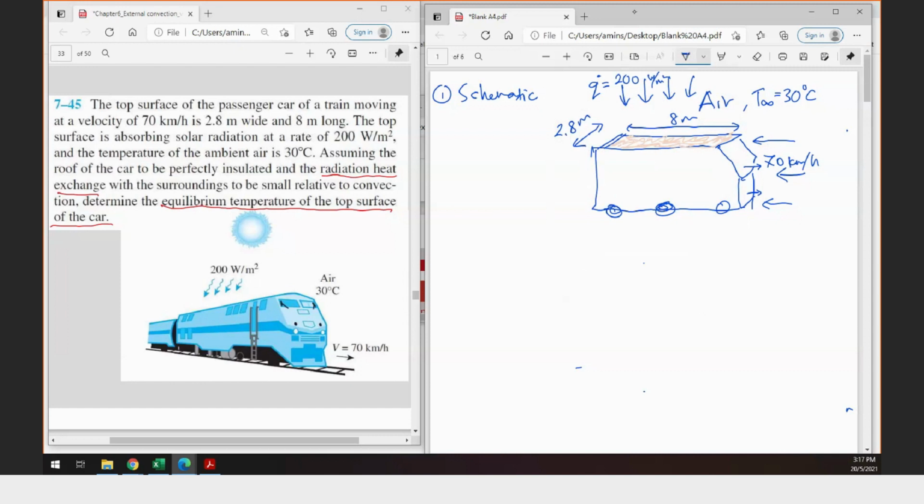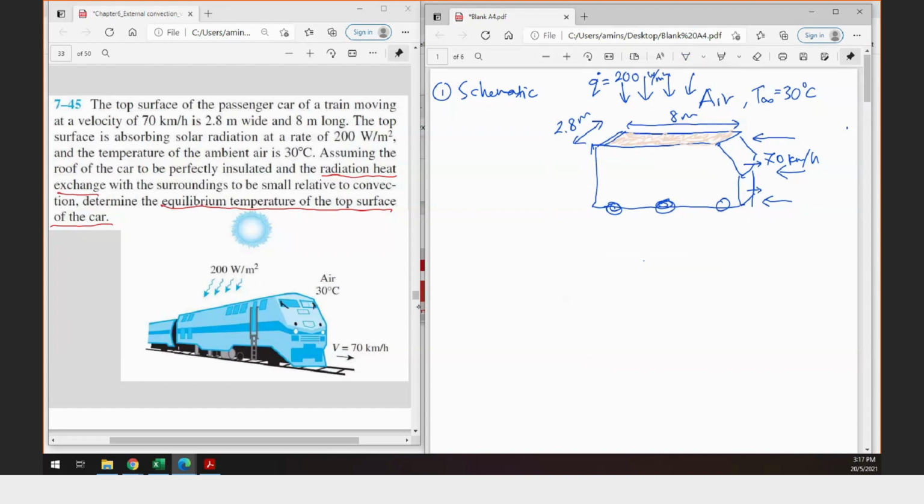Okay, next one, number 2. After we draw the schematic, then we should state our assumption. Okay, so what is the assumption? You can take from the problem as well.